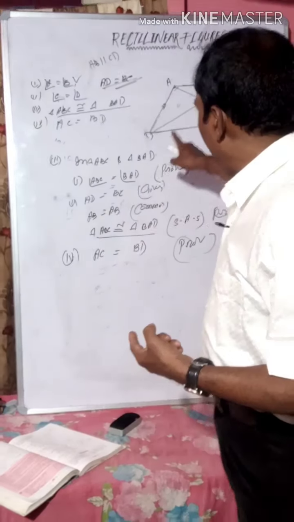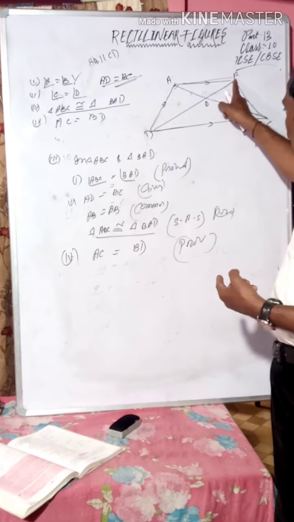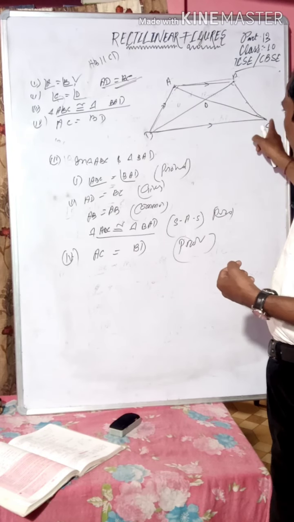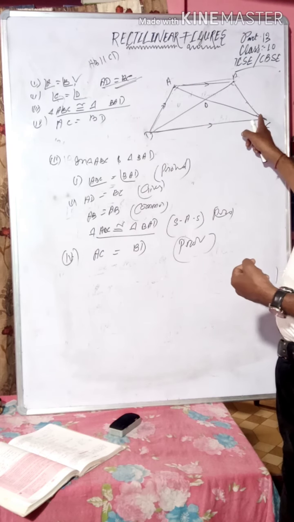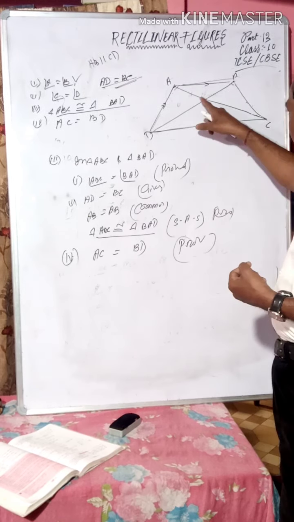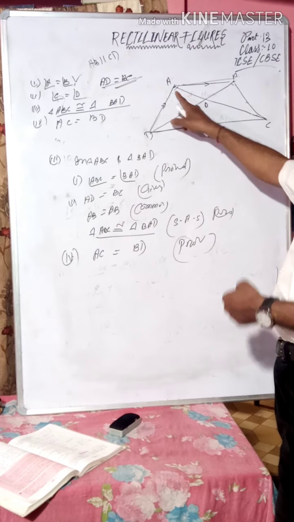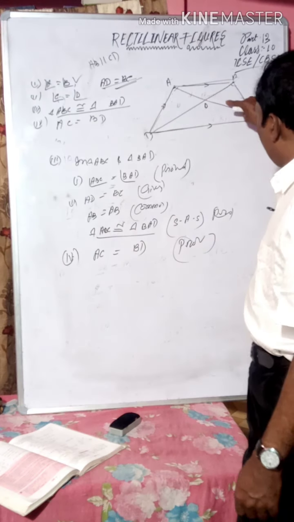In parallel line AB, adjacent angles A and B are equal. In the other parallel line DC, angle D is equal to angle C. So BD is equal to AC, AO is equal to BO, DO is equal to CO.